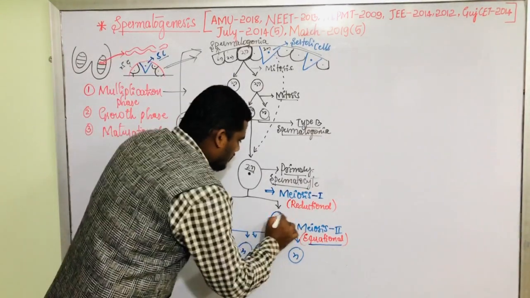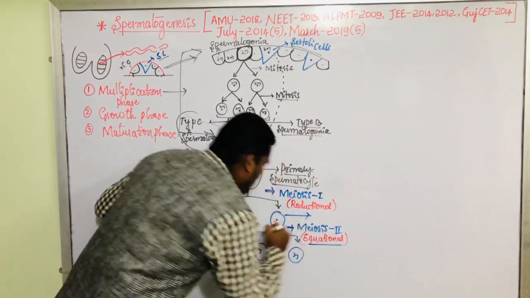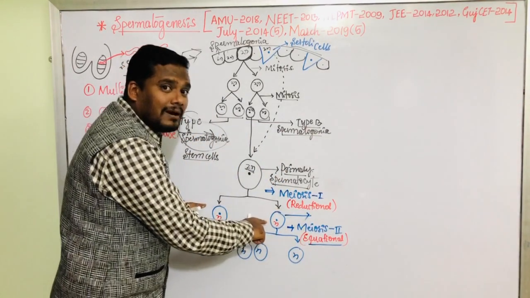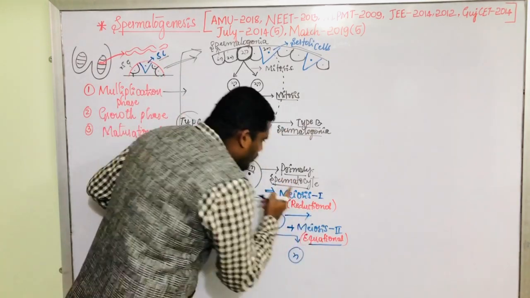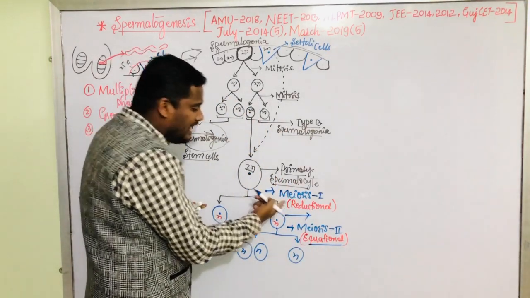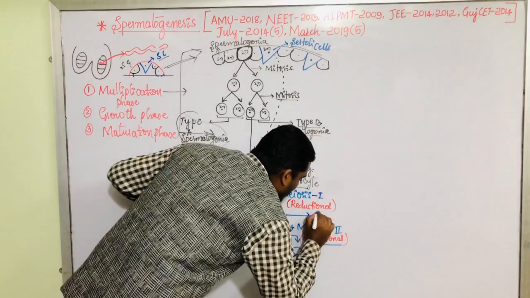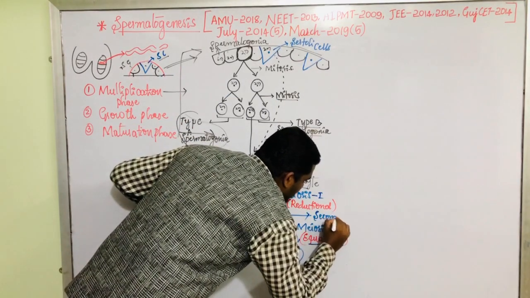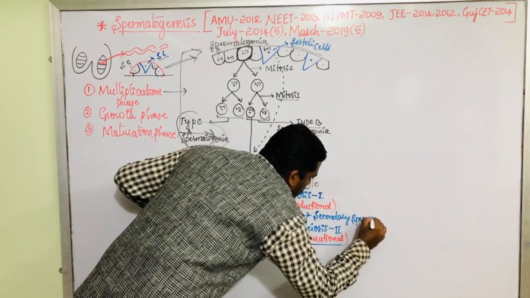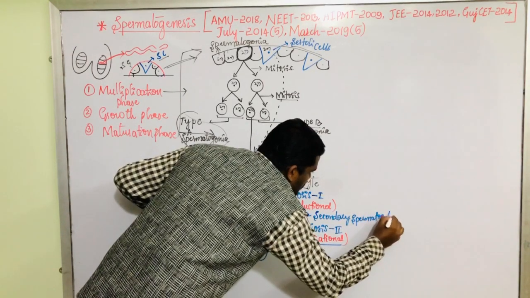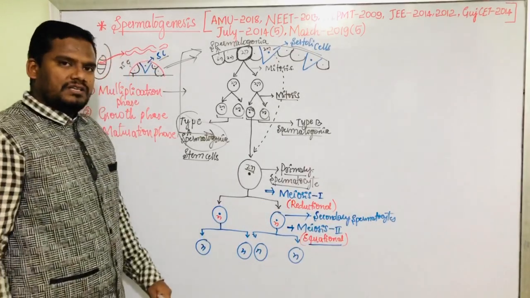Now, we forgot to mention the name here. These two cells, after completing meiosis 1, are no more called primary spermatocyte. Now they are referred to with a different name. They are secondary spermatocytes.